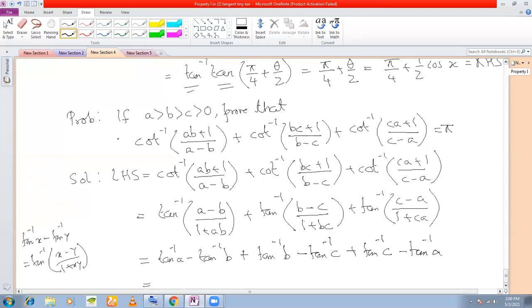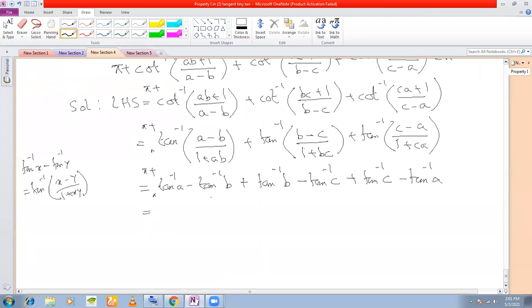This is to prove that pi plus, you have a pi plus, and now this is okay. This will cancel, this will cancel, and these two will also cancel. You simply get pi plus 0, which is equal to pi, which is equal to RHS. That was a printing mistake in the question.